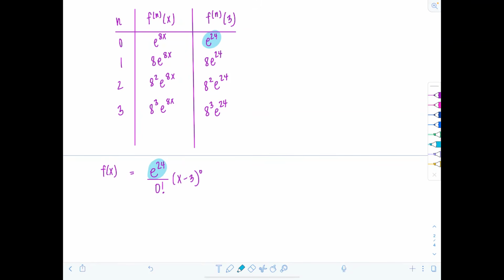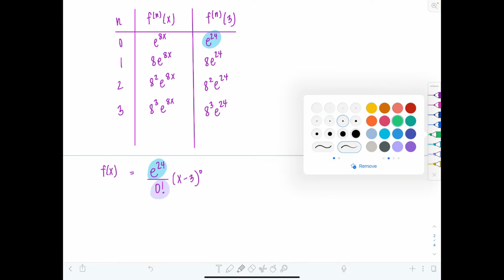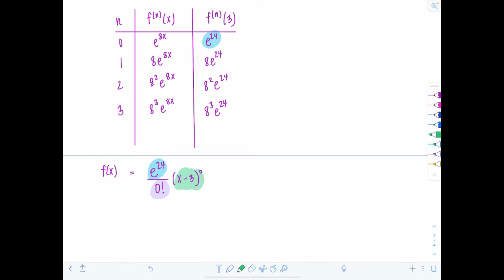Here's the color coding. There's the factorial portion. There's the x minus a to the n. So that's for n equals 0. Plus, next term is 8e to the 24th over 1 factorial x minus 3 to the first.